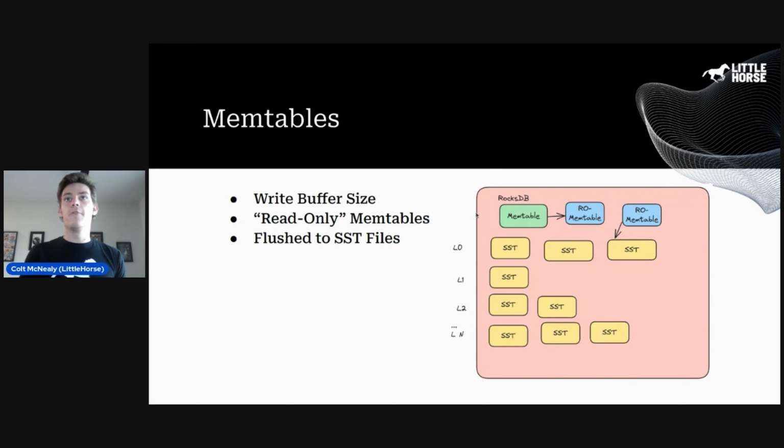Now, how do you go from a bazillion L0 SST files to having the nice, orderly, non-overlapping ones below? And how do you go from having duplicate data written in multiple levels, because you could have the same key written in the active mem table, then also in L0 somewhere, and then in L1, and also in L2. And the only one you care about is the most recent, in the active mem table, for example.